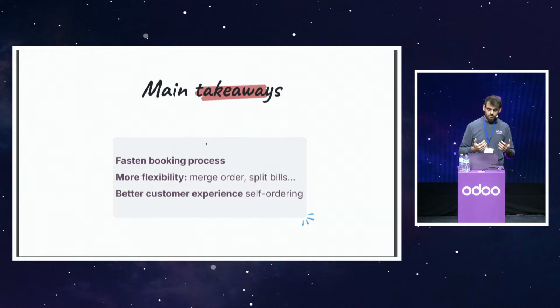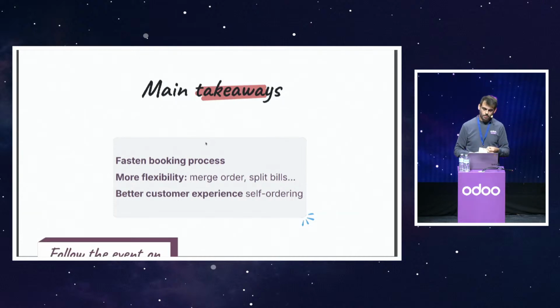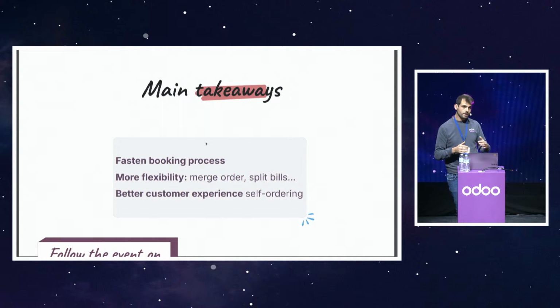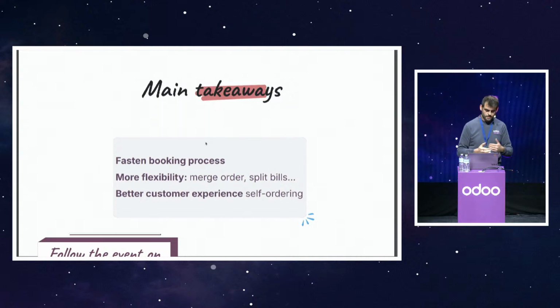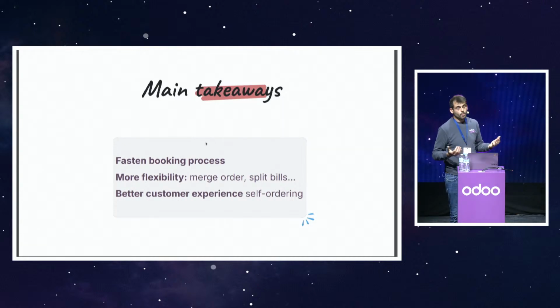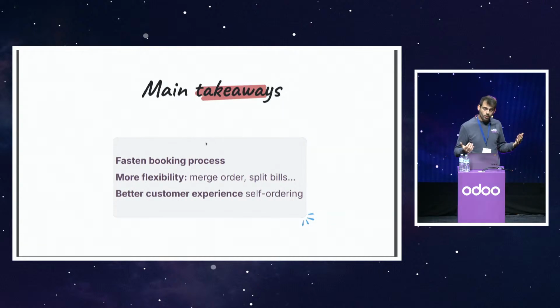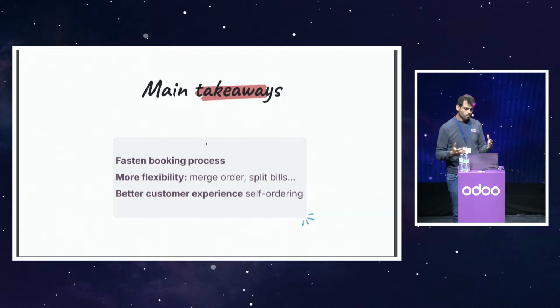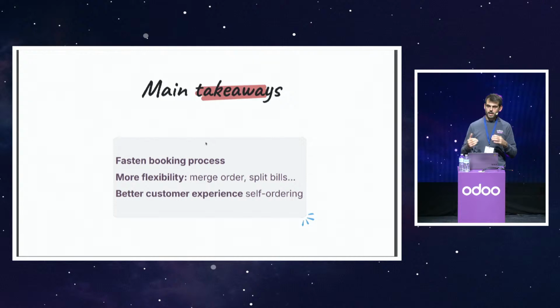More flexibility, merging orders, transferring table, split bills, and adding guests, and so on. Also the payment online for self-ordering, which leads to, all in all, a better customer experience.